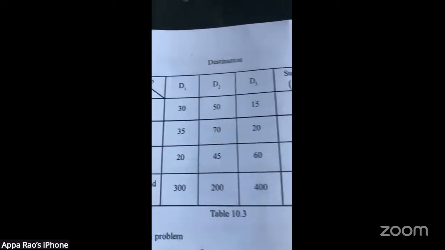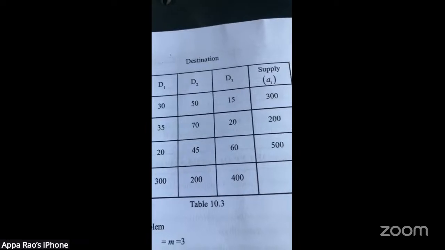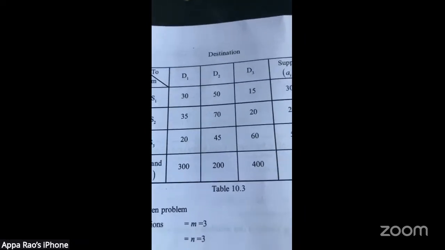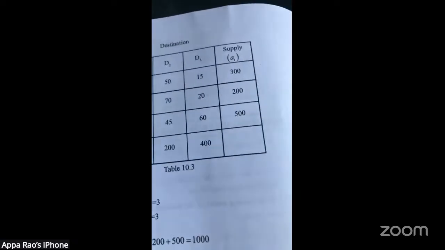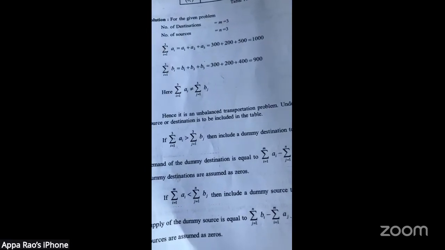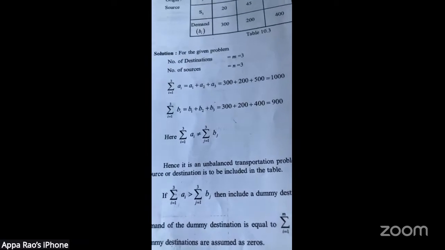Supply ai: S1 equals 30, 50, 15, 300. S2 equals 35, 70, 20, 290. Hence, it is unbalanced here.